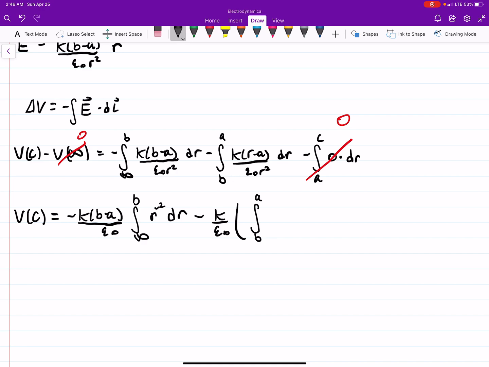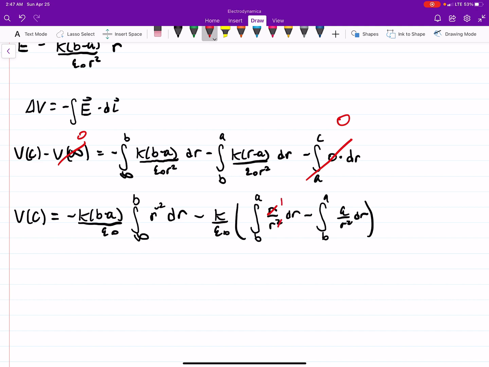So we'll have R over R squared dr minus the integral from B to A over R squared dr. So I factored out the K over epsilon naught, those are constants, and then I just broke the integral up into two integrals.